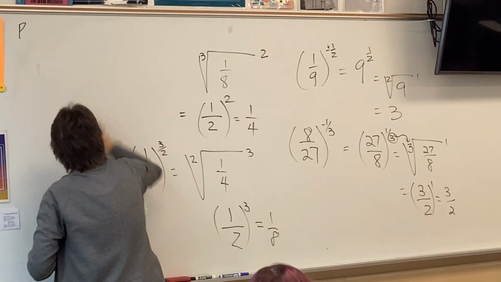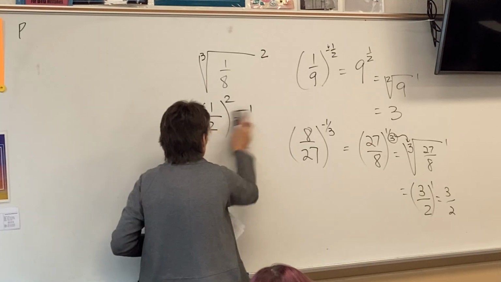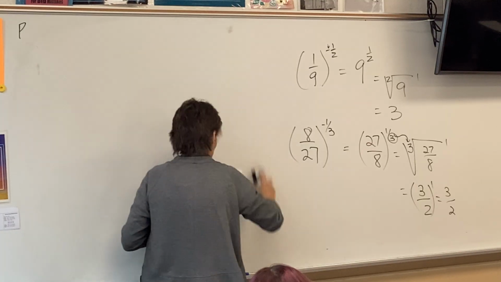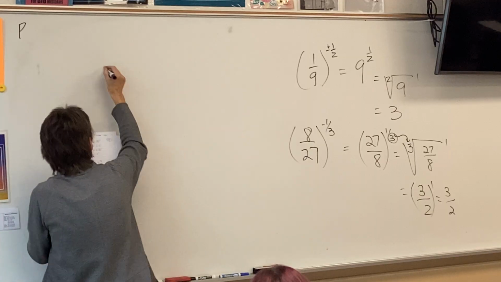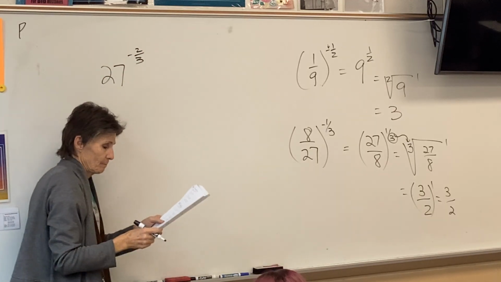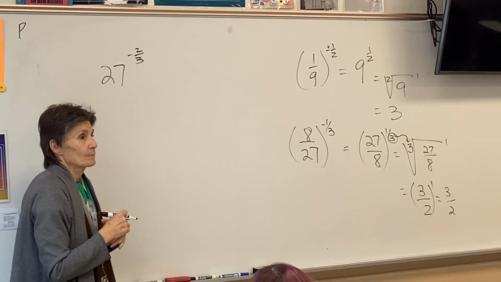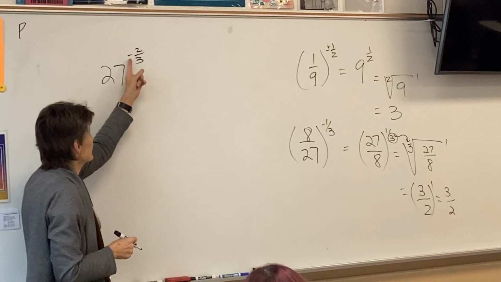All right, one more together, and then you got 5 to do on your own. Here we go. 27 to the negative 2/3. Step 1, take care of the negative.